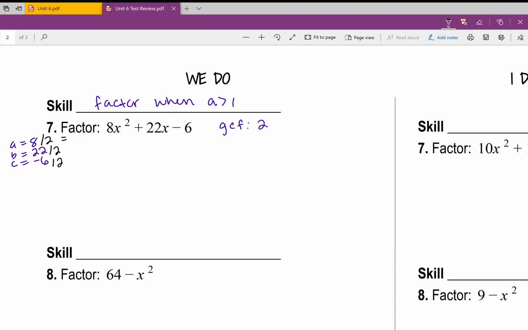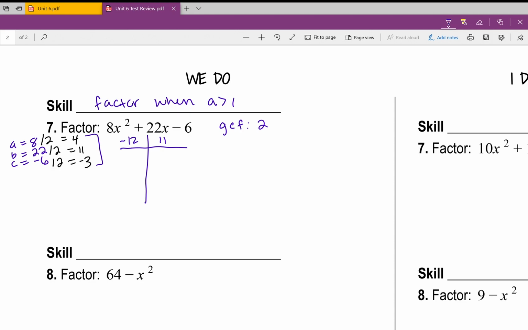So 8 divided by 2 is 4. 22 divided by 2 is 11. Negative 6 divided by 2 is negative 3. So I need to create my table by multiplying A times C. So 4 times negative 3 is negative 12. That adds to 11.